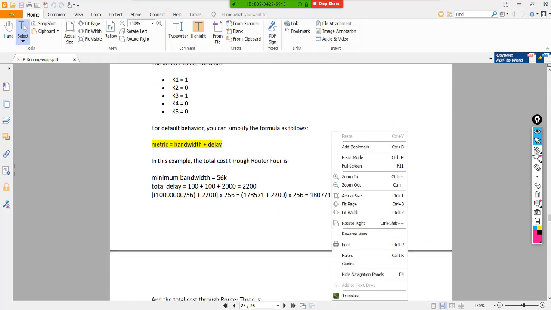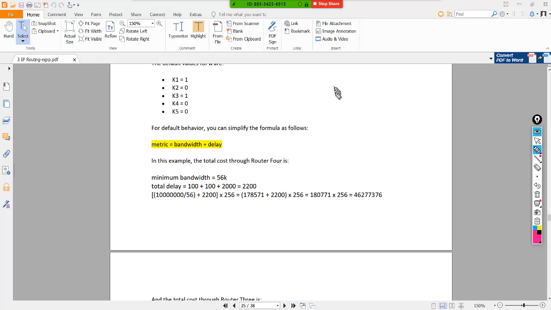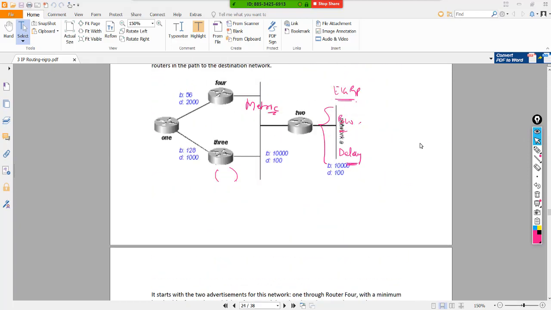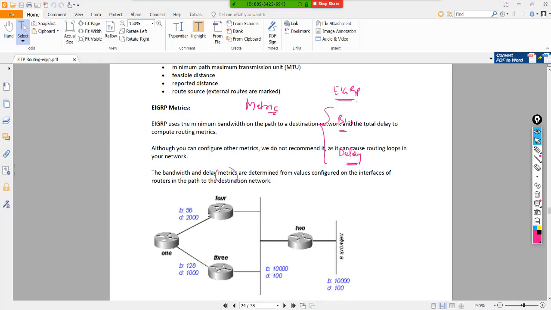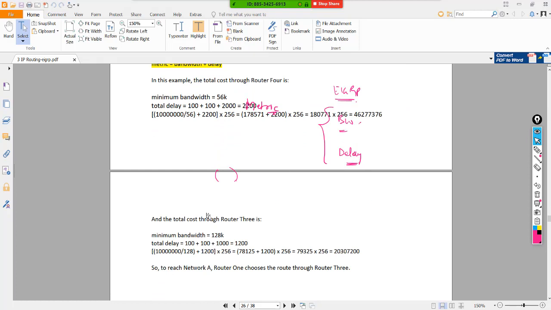Okay, now regarding the calculations of EIGRP, let me quickly explain a few things here. In the case of bandwidth calculation and delay calculation, because we know the metric is directly based on bandwidth and delay, how do I calculate bandwidth? Let's say in the case of the first example, in the case of 56 bandwidth, how am I going to calculate that?